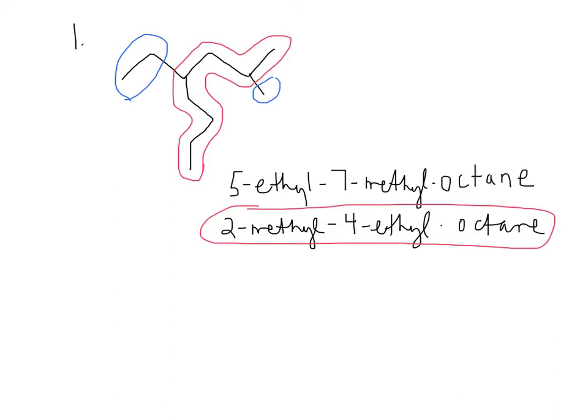Okay, once you have the name, then you could easily go to the structural formula. So you write out 8 carbons, 1, 2, 3, 4, 5, 6, 7, 8. Then there's a methyl in the 2 position and an ethyl in the 4 position.